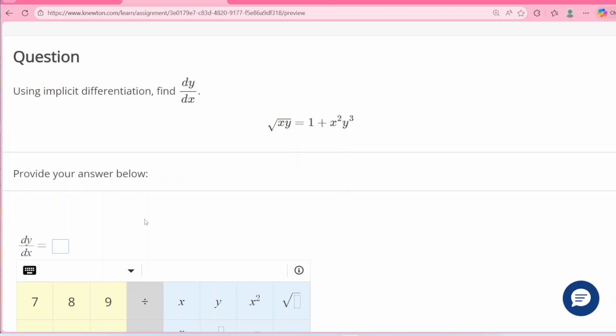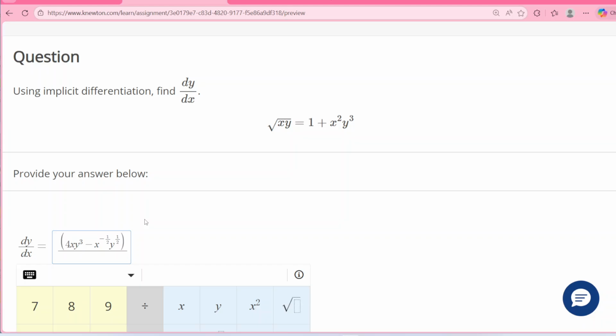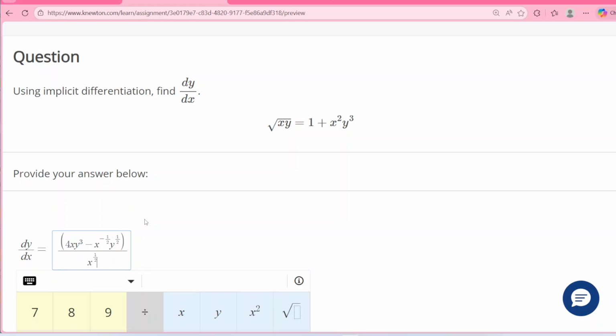In the numerator, if I multiplied everything by 2, it'd have 4xy cubed minus 1 times x to the negative half power times y to the positive half power, all in the numerator, divided by, since I doubled all the coefficients, 1 times x to the positive half power times y to the negative half power, then minus, doubling the coefficient, 6x squared y squared. All right, and this should be good.